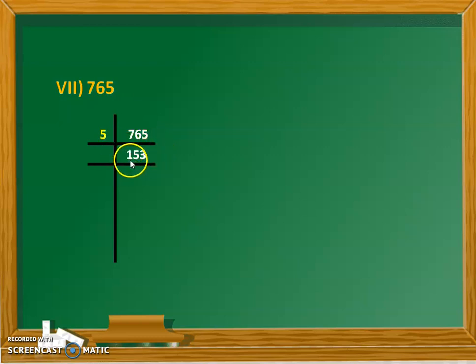Now for 3, what is the rule? We are supposed to add all the digits of the number. So here 1 plus 5 plus 3, what we get as the answer is 9, which means it will divide by 3.